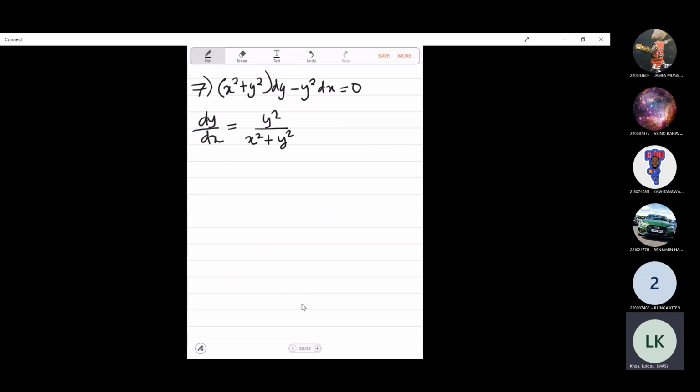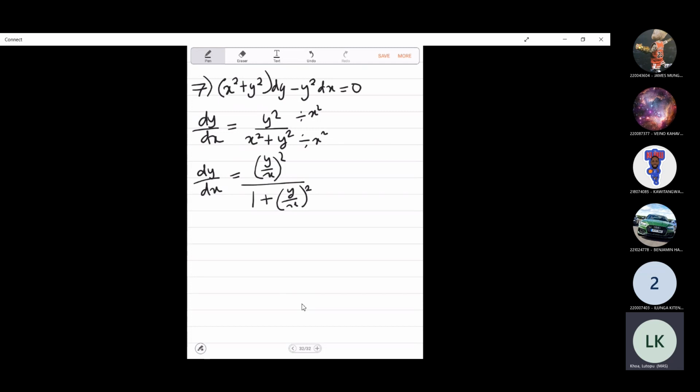Okay, and then we want to have a function of y over x, so we can divide everything, the numerator by x squared and the denominator by x squared. So I have dy dx, this is (y over x) squared over 1 plus (y over x) squared.